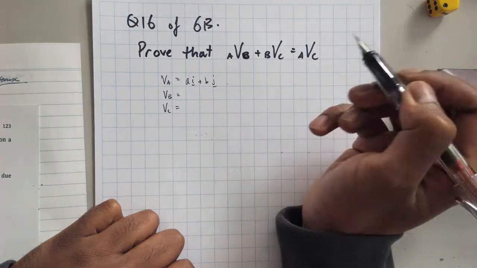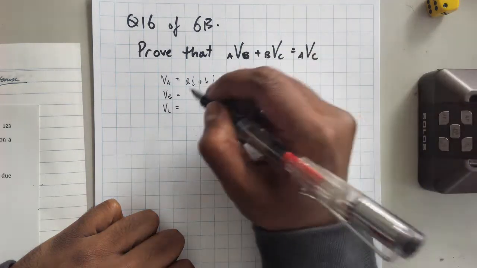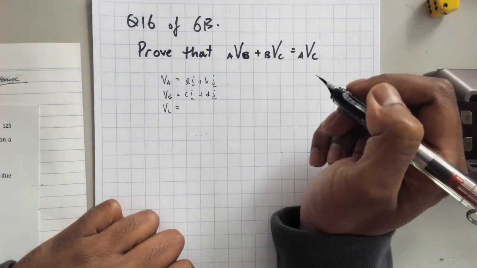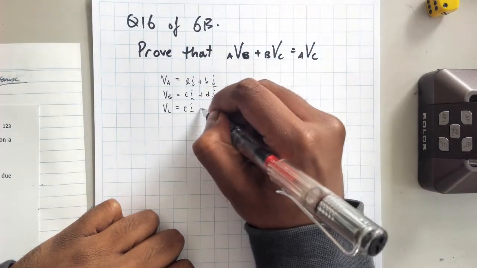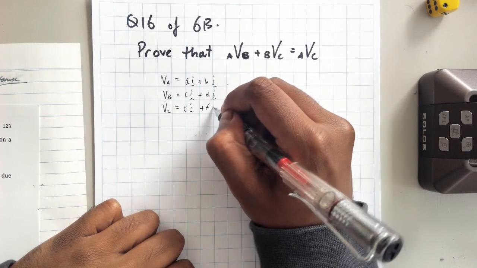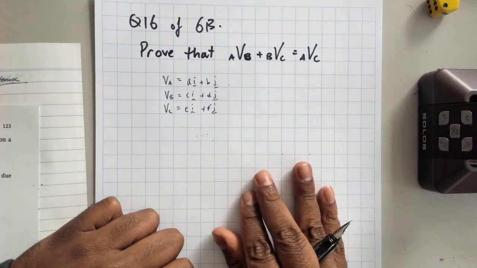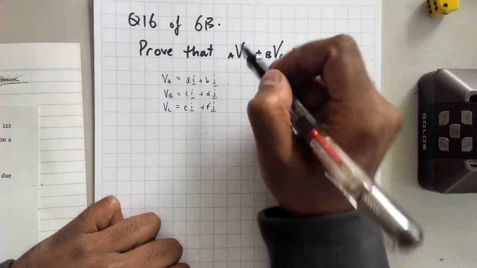Let's call the velocity of B CI plus DJ. And let's call the velocity of C EI plus, as you can guess, FJ. Now we're going to prove that this equals that equals that.